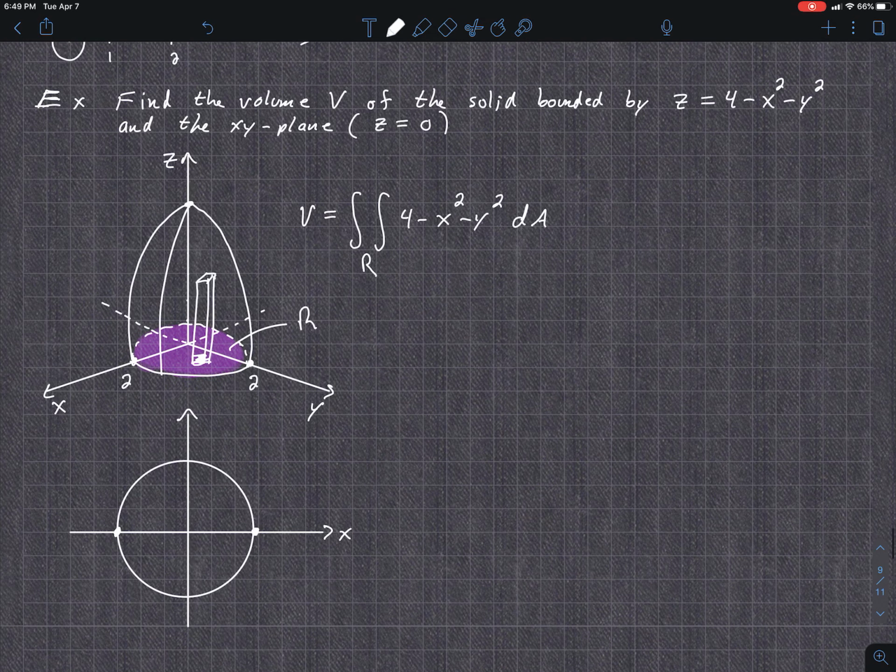It's close enough. So in the xy plane, you have this region when you set z equals 0. When z equals 0, we end up with 4 equal to x squared plus y squared. So it's a circle of radius 2.